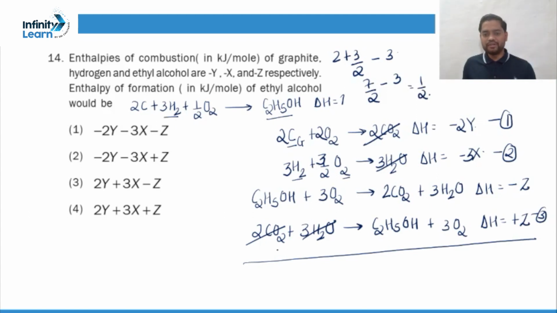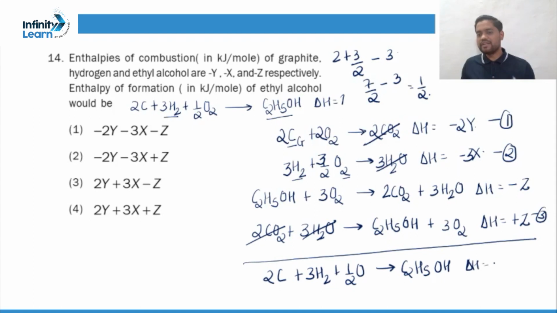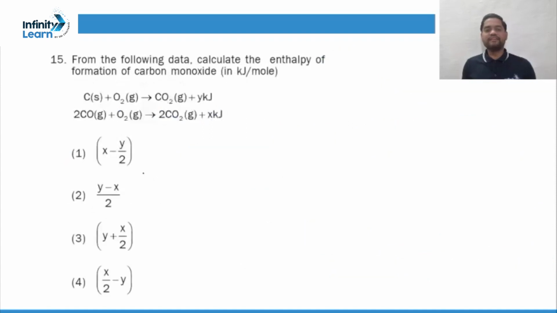That means we have 2 carbon, 3 hydrogen, plus half oxygen that will give you C2H5OH. And the delta H value will be minus 2x. Sorry, minus 2y, not 2x. So minus 2y minus 3x plus z. So option 2 will be the right answer for question number 15. Okay, clear?